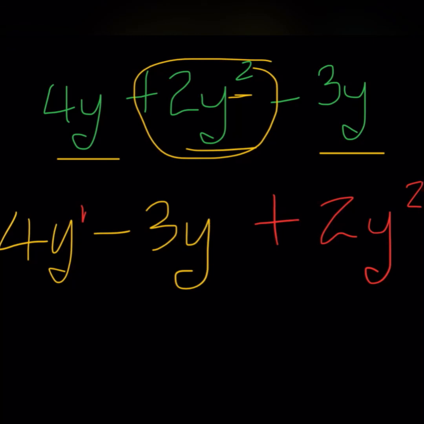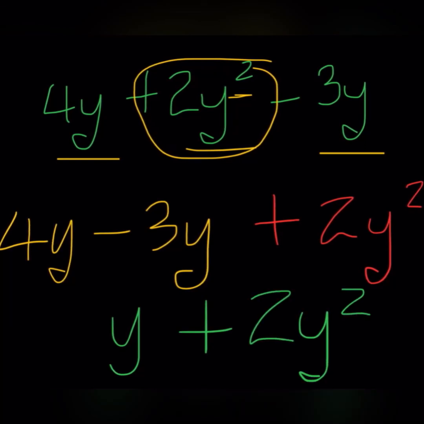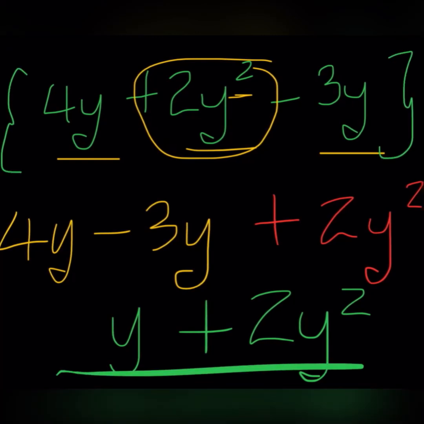So now we can go ahead and subtract. Now we have 4y minus 3y, which equals 1y, which can just be written as y. And on this side, we have plus 2y squared. So when we simplify this algebraic expression, we end up with this expression.